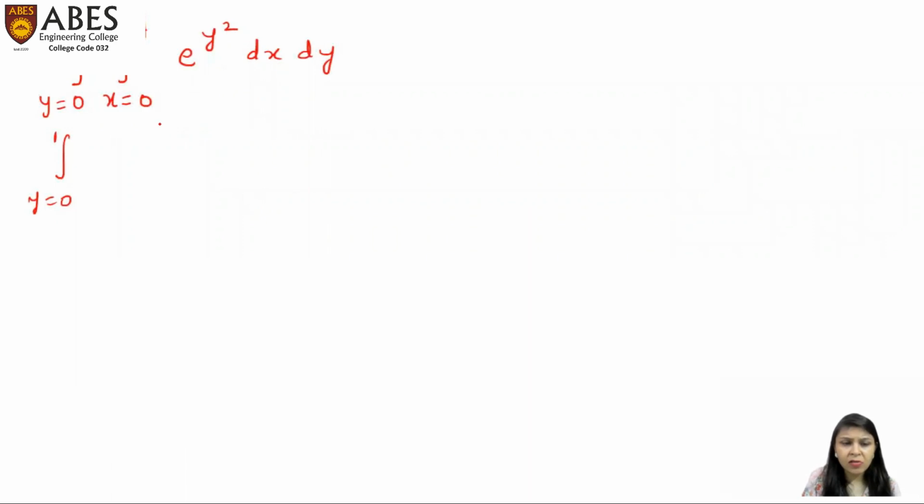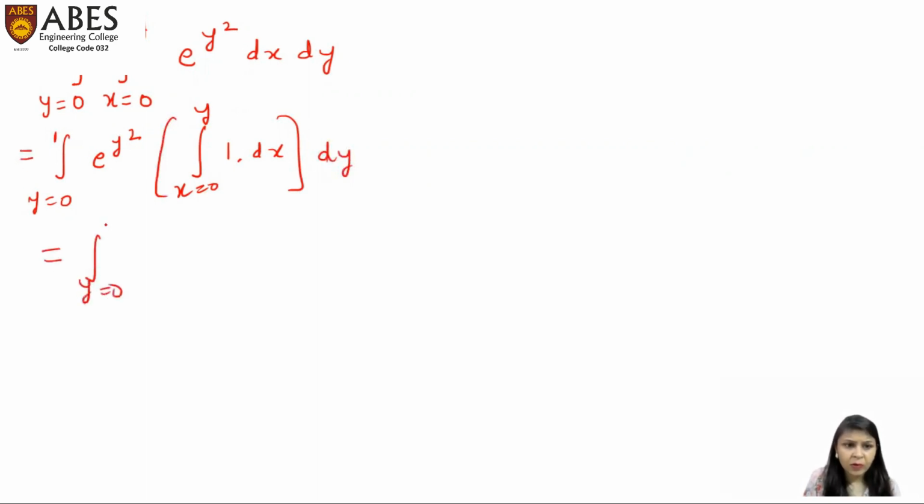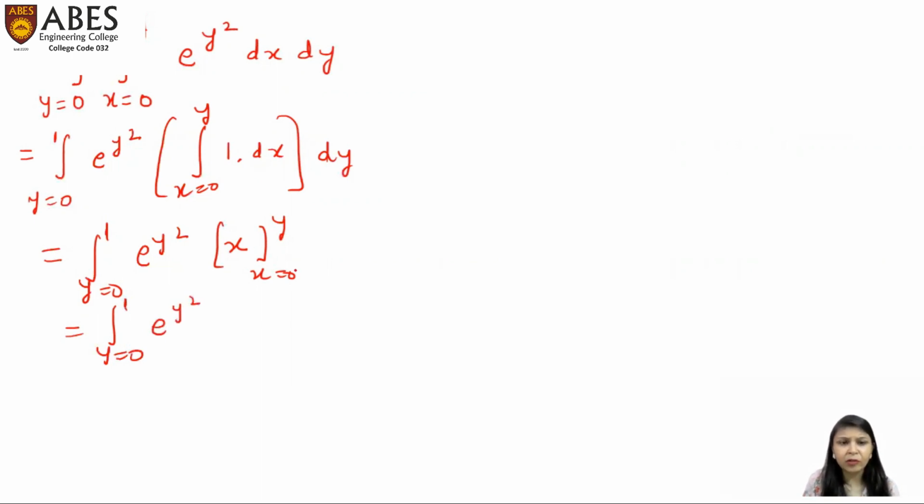First we have to solve for x; we first need to integrate x. This is exponential y square, dx, x equals 0 to y, and 1 dx, this is dy. When we integrate this, the integration of 1 will be x, from 0 to x equals y. Then y equals 0 to 1 exponential y square, upper limit minus lower limit.